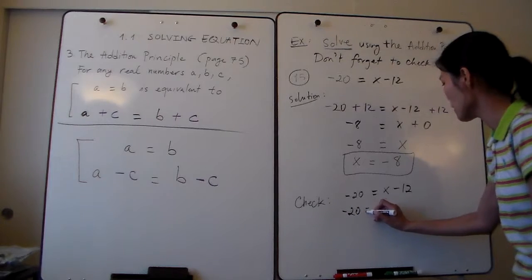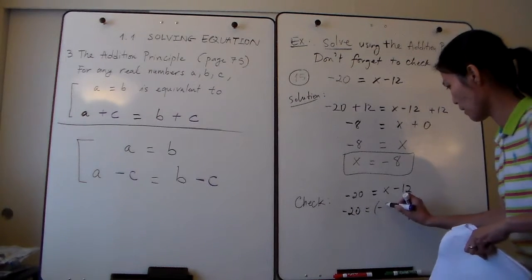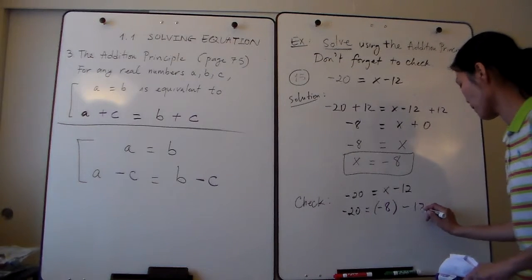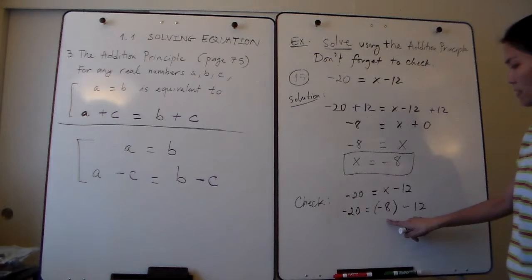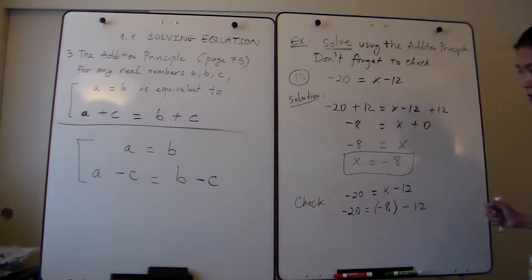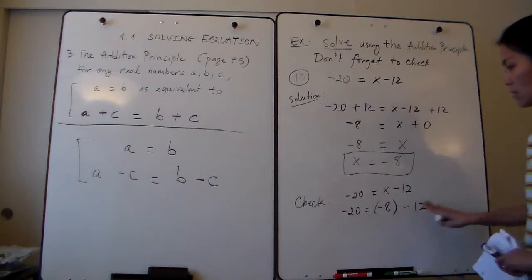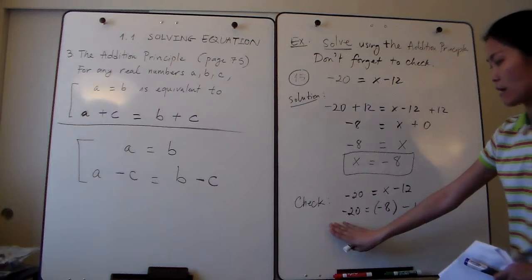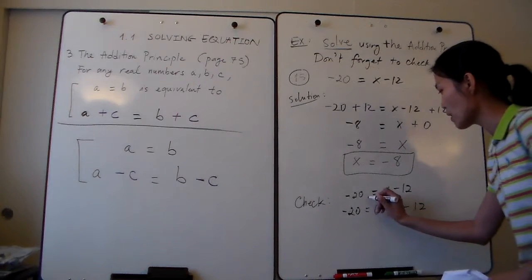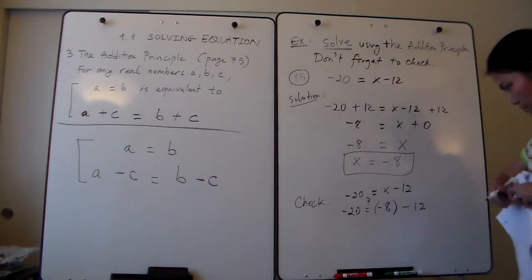So we're substituting negative 8 here for x, minus 12. Now once I substitute the values into the equation, I don't know if it still makes this equation true or not. The equation is true only if the left-hand side equal the right-hand side. So far I don't know, so make sure you verify that later. So I will put a question mark here.